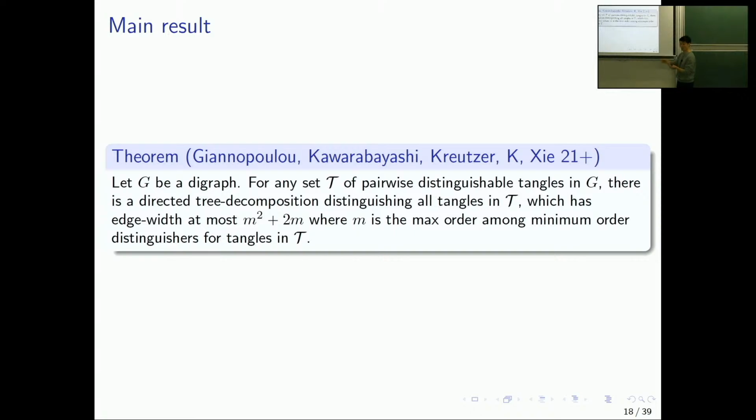Among them, you need the largest size, which is m, and then we can give a directed tree decomposition where the edge width is bounded by m squared plus 2n.